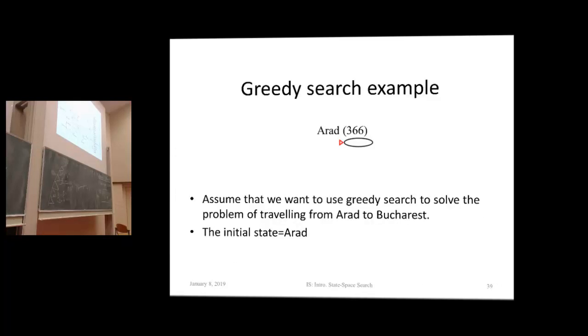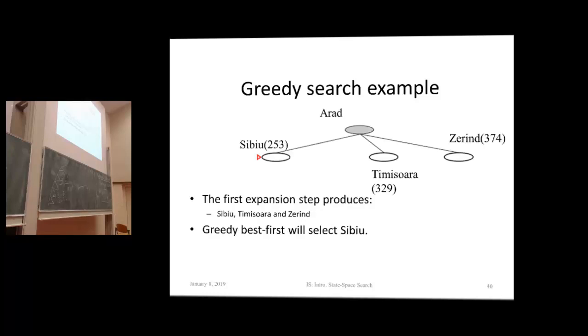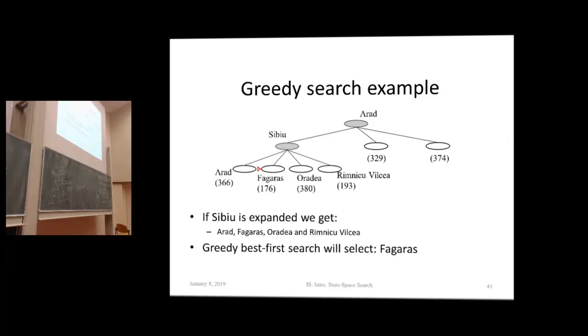This is then the drawing of it. Start with Arad. That is my initial state. Look at all the successors, and then the greedy best first one will be Sibiu. And now, if I expand Sibiu, then I could go back to Arad. By the way, I forgot that in my representation. I could go back to Oradea and so forth.